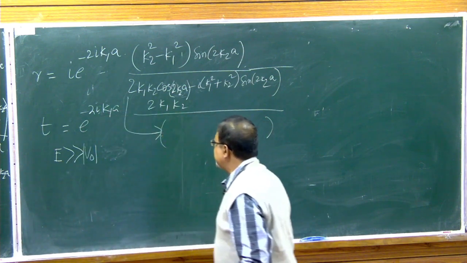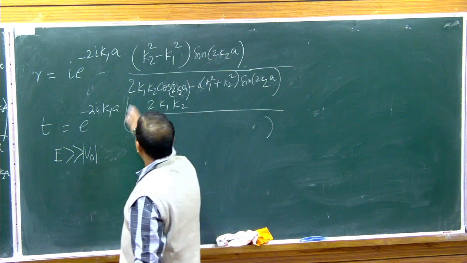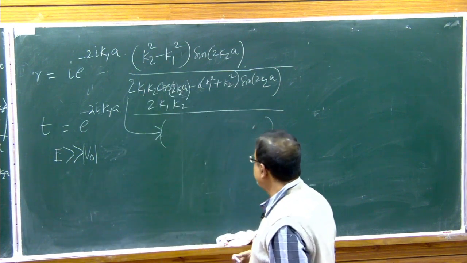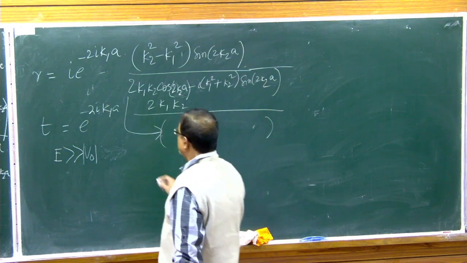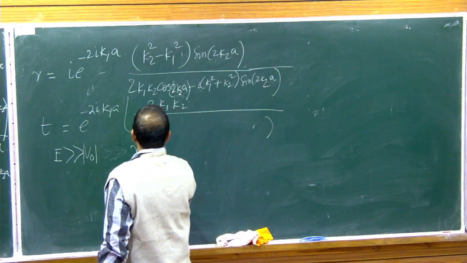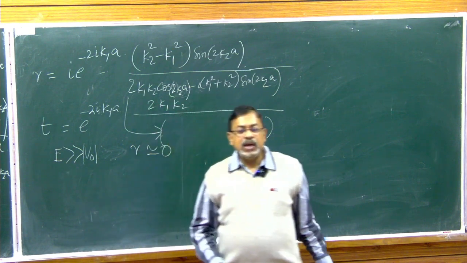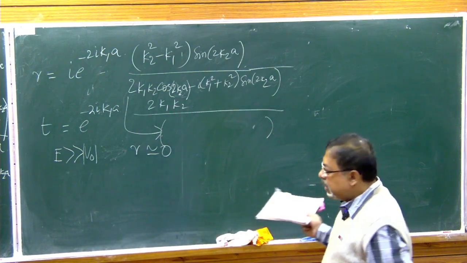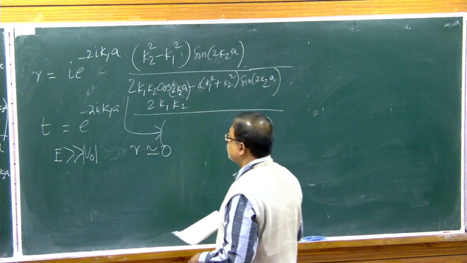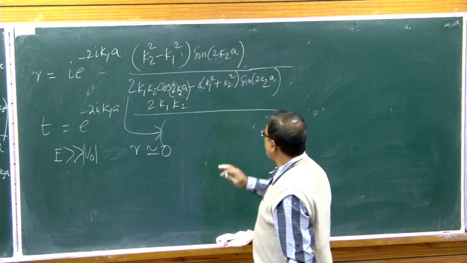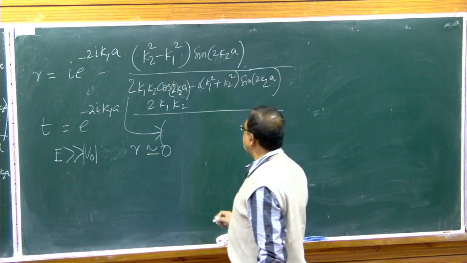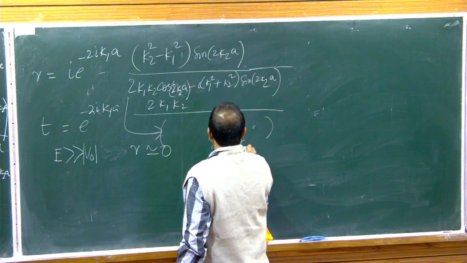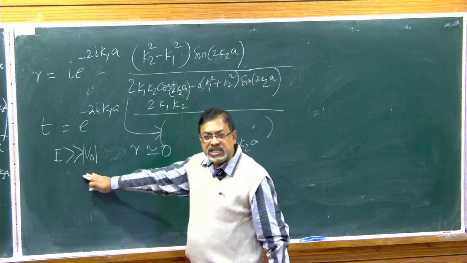In that case your k1 and k2 are almost equal. Okay, and if k1 and k2 are almost equal, then your r goes to 0. Your r becomes negligibly small, which means the reflection goes to 0. But you see, there is something more important than that. There is a sine 2k2a that can also go to 0 even if this condition is not there.